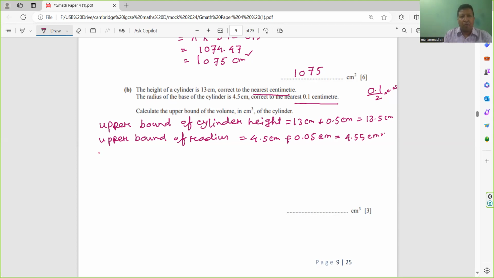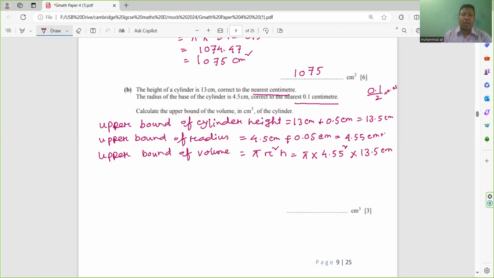Now the upper bound of volume. Volume equals pi r square h. So pi, r is here 4.55 square, height is 13.5 centimeter.